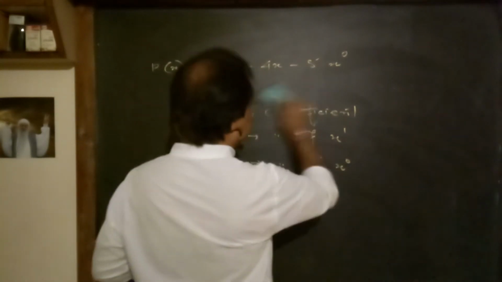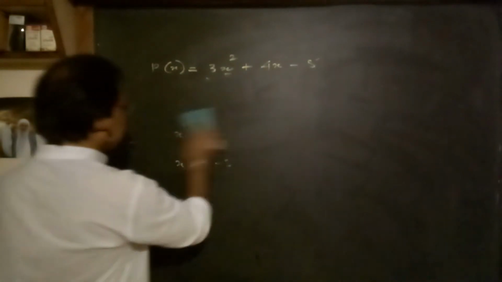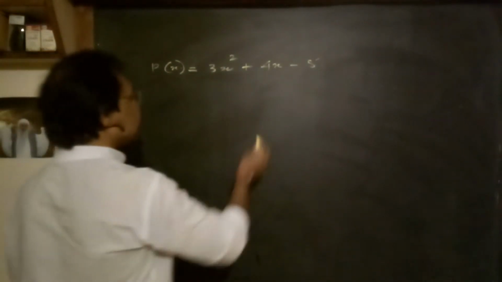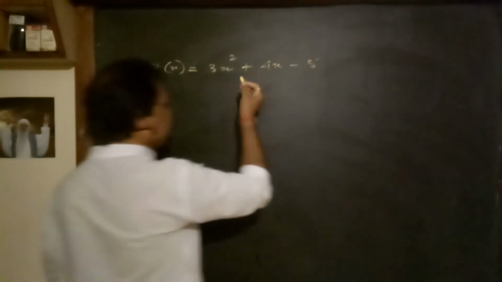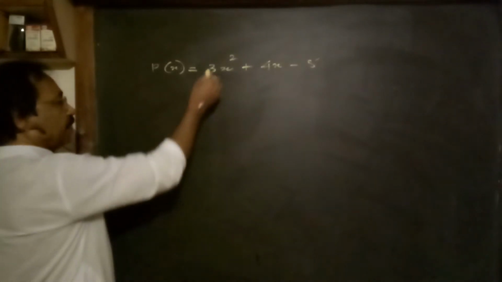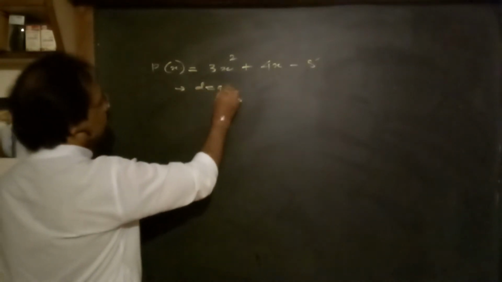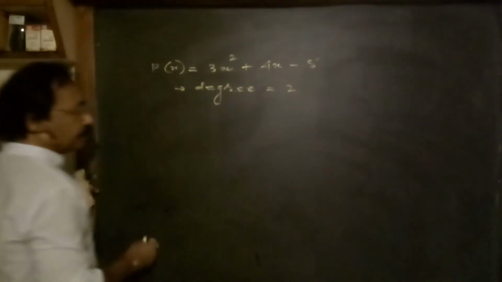Then comes the degree of the polynomial. What is the degree of this polynomial? It has x raised to 2, x raised to 1, x raised to 0. Then what is the highest degree of this polynomial? That is 2. And therefore we can say the degree of this polynomial is equal to 2.